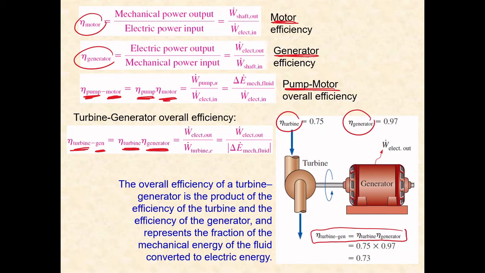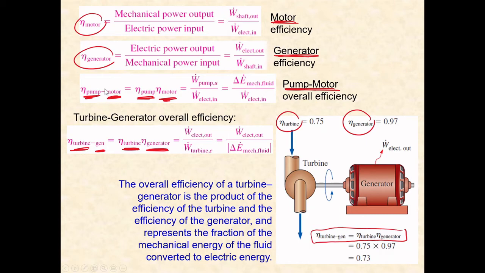It comes from the electricity: you have electricity in, and then you have shaft work. So you have an electrical power input, and a mechanical power output. Electrical power input turns into shaft work, so electricity is converted into the spinning of the shaft, which is what makes the pump or the fan move. So this is called motor efficiency.